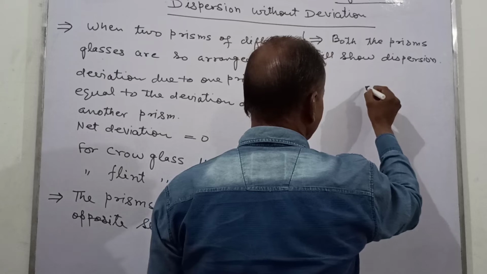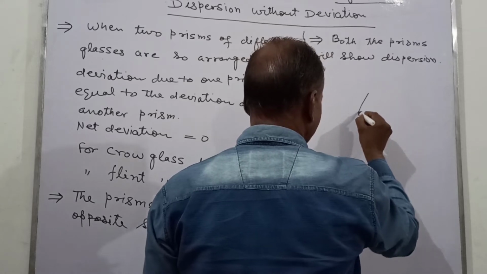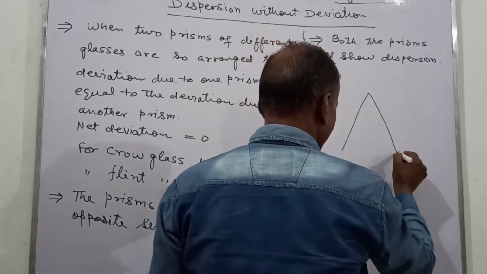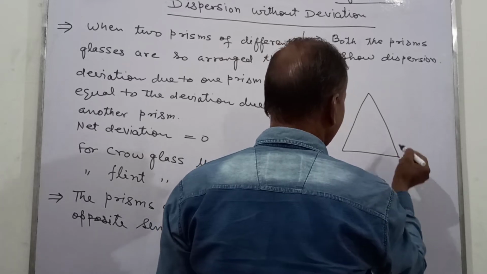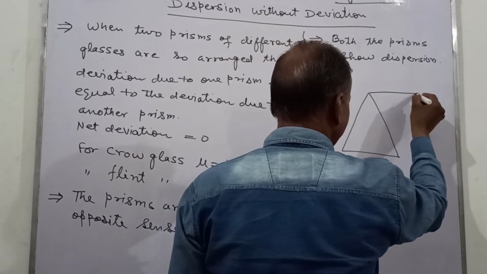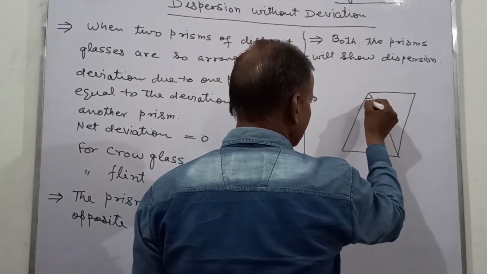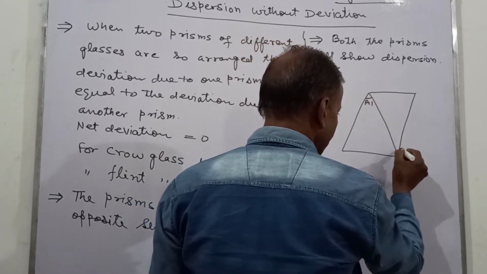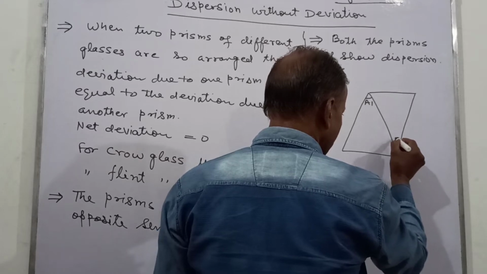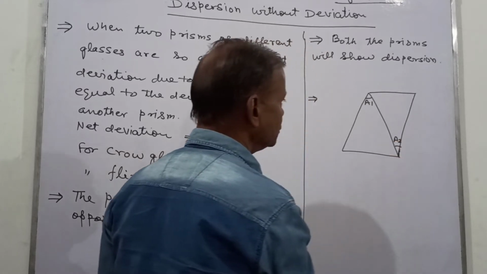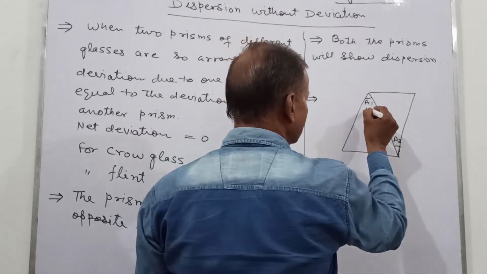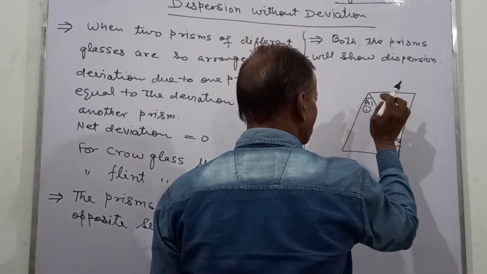This is now suppose one prism. This is now your second prism. In this way, this is the angle A1. This is now angle A2. So this is now prism number 1, and this is now prism number 2.